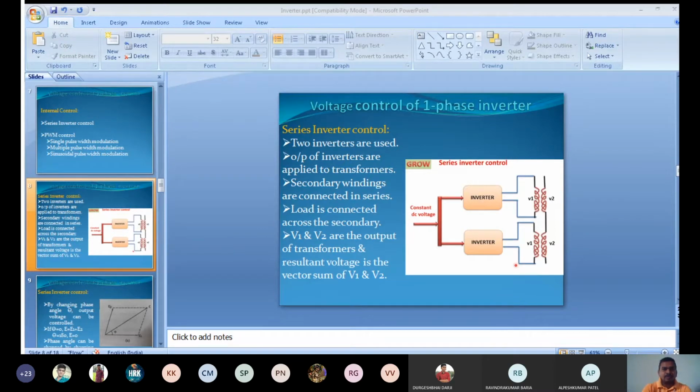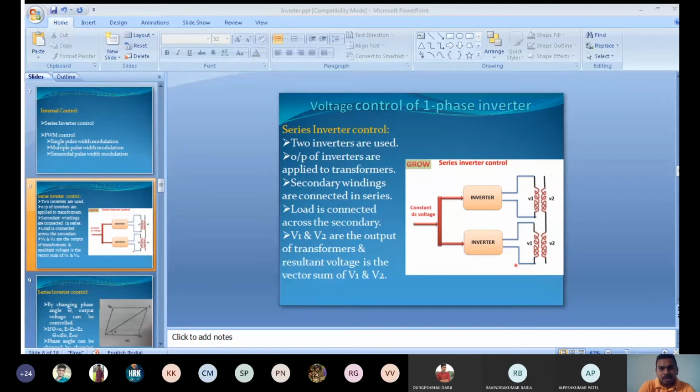Now generally, how can we generate the triggering pulse? We compare two signals in the comparator, and whatever error is produced is given to the triggering pulse generator, which generates the trigger pulse.